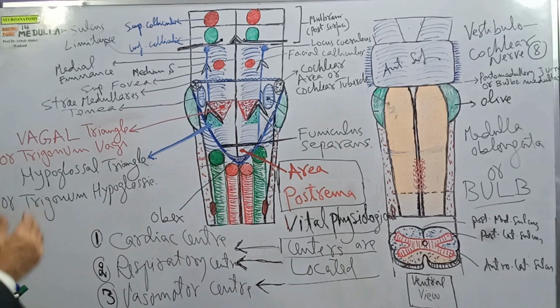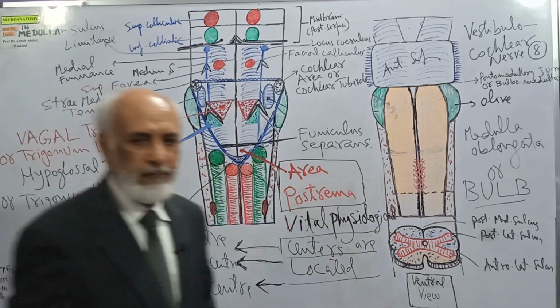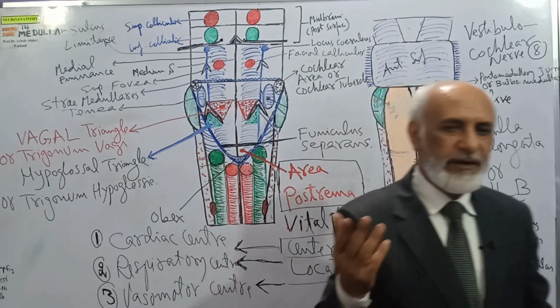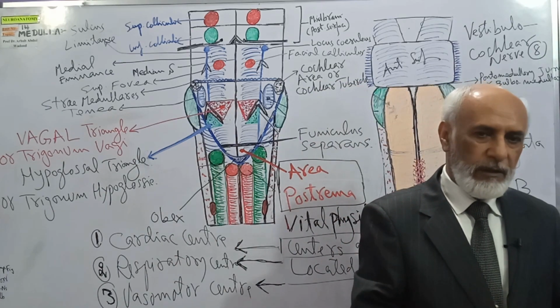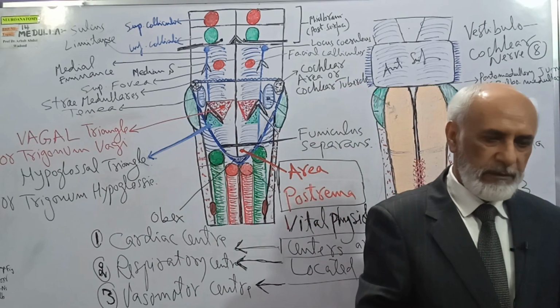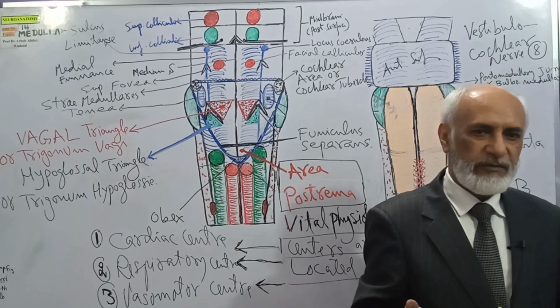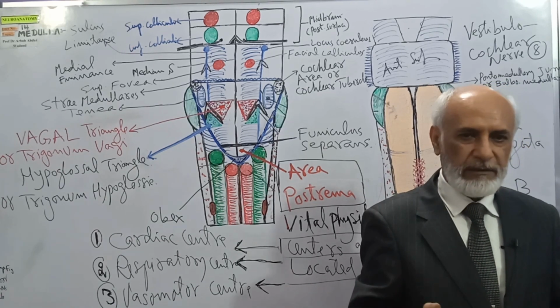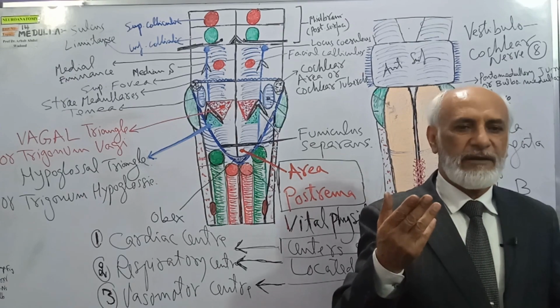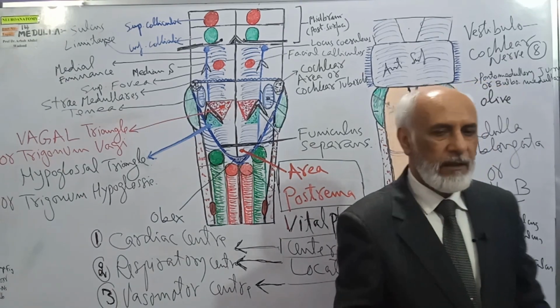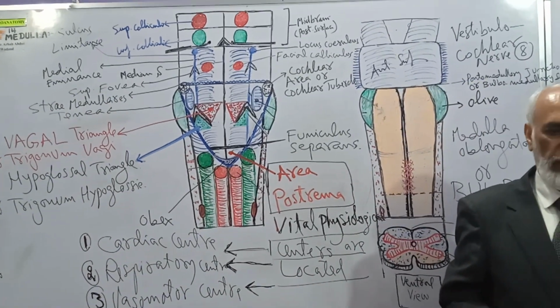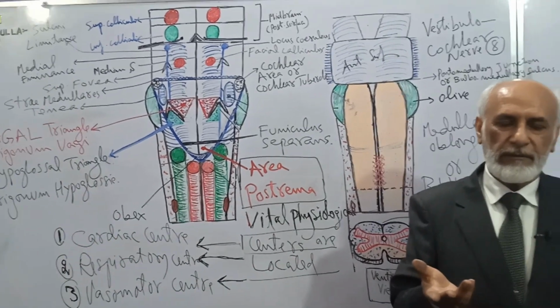Now, there are different types of judicial killing. A judge sentences a criminal to death. And there are different types. For example, firing squad.